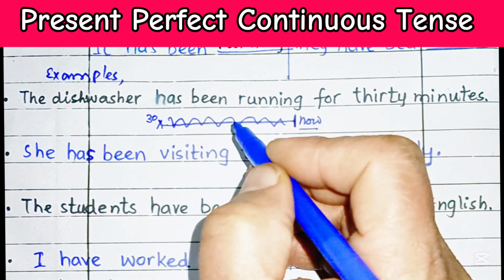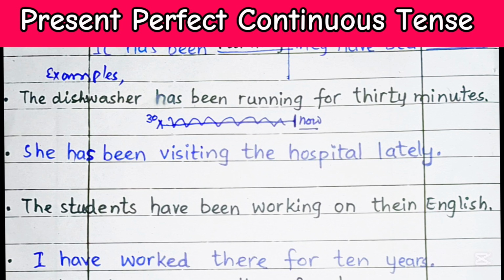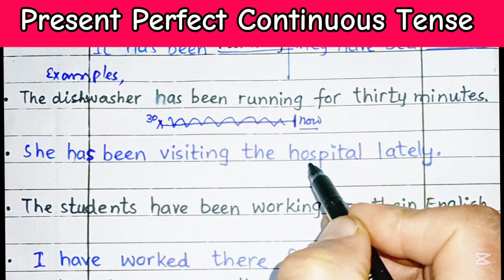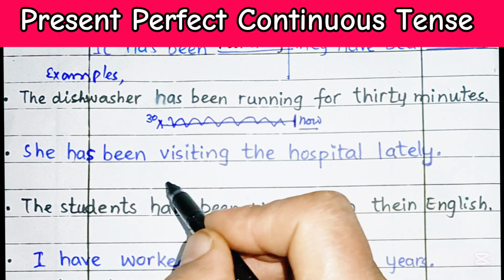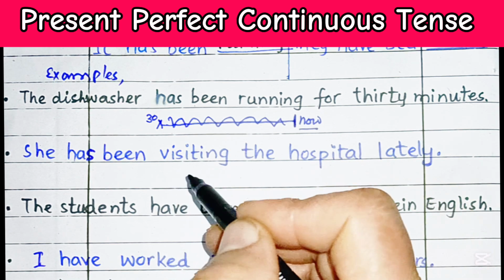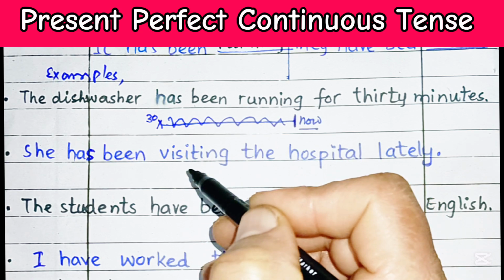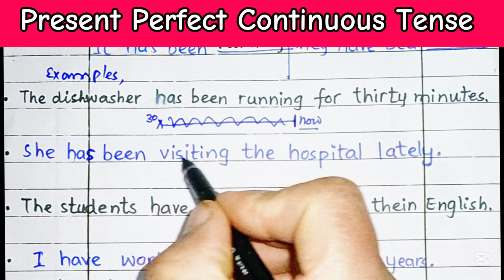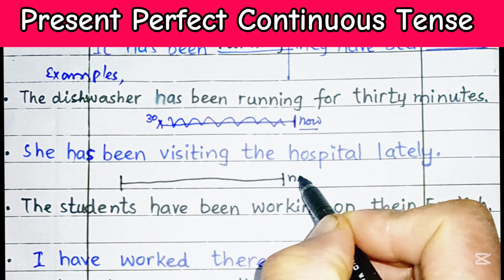For example, she has been visiting the hospital lately. There are times in the past when she has been visiting the hospital, but we are not going to indicate exactly when those times were. So she has been visiting means there was a time in the past and there is the time now.